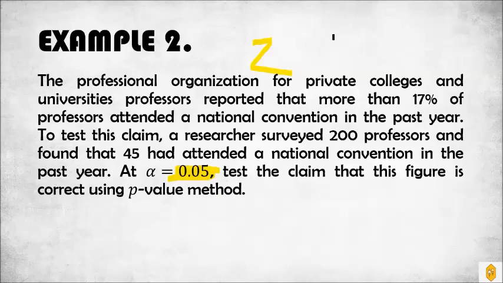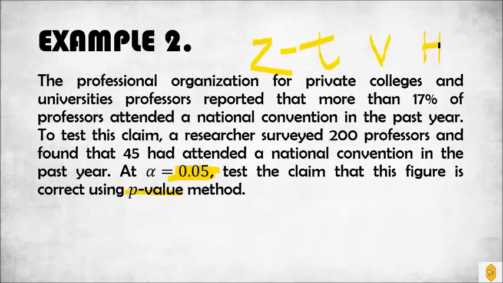Okay, doon natin ginagamit ang t-table. Kasi important po yung ating significance level para makahanap ng value. Pero dito, since p-value ang i-apply natin, we are going to use the z-table. Sa z-table, ang kailangan lang natin dyan ay yung vertical at saka yung horizontal.